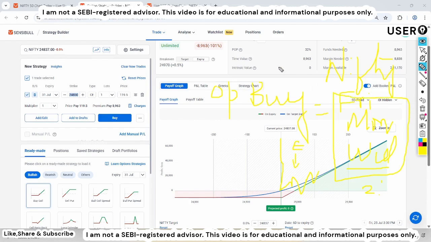If you take a position on Thursday, or Wednesday, it's better to avoid. Thursday, option buyers should totally avoid taking a position. Yes, some chances will be there for scalpers, but I will suggest, and what I do, is avoid option buying on Thursday. This is the basic thing we should know as an option buyer.